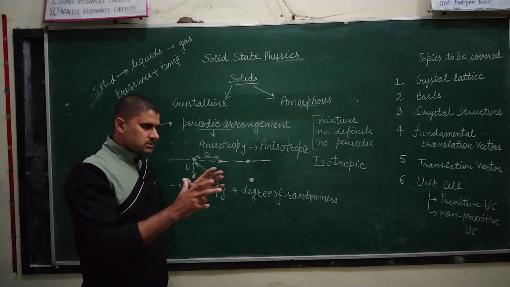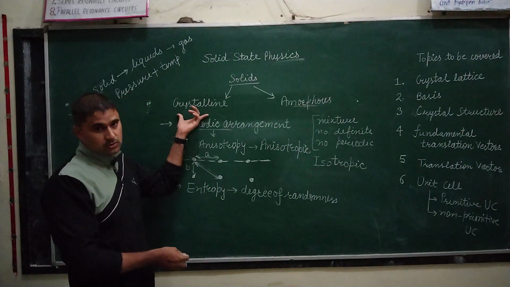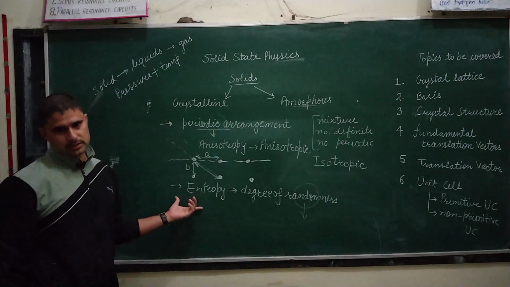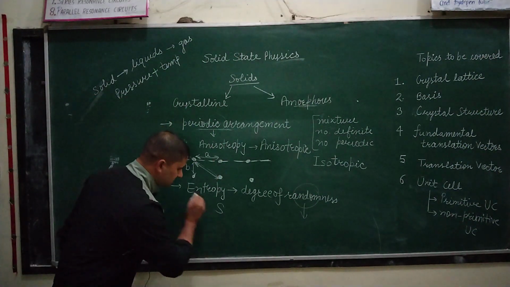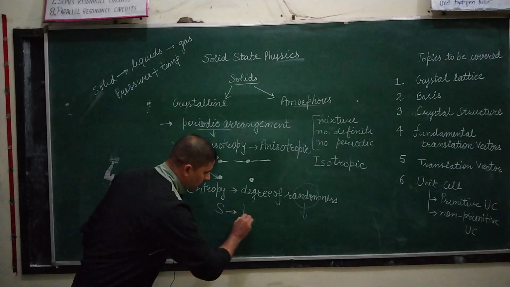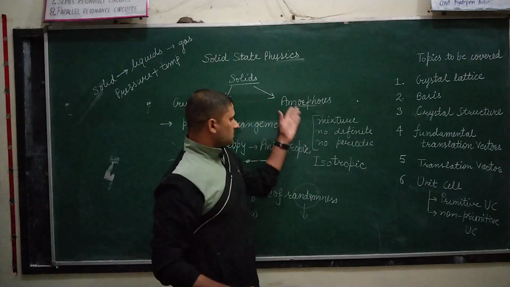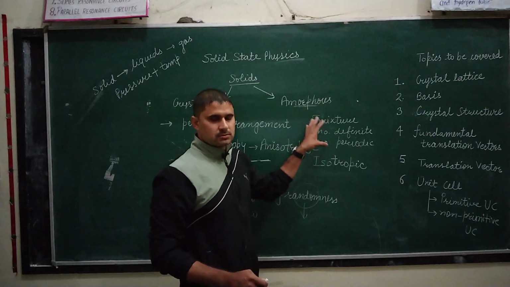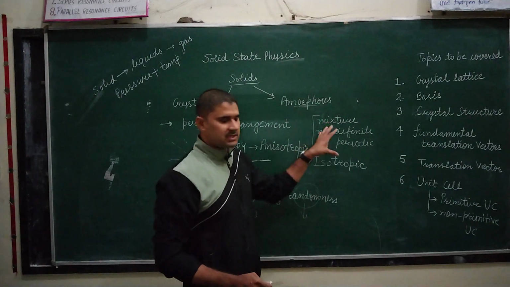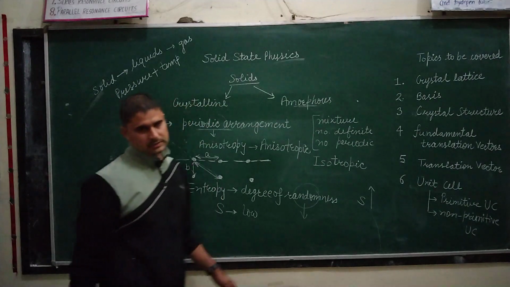Particles are arranged in a definite and high order in case of crystalline solids. So randomness is less in case of crystalline solids. So here entropy, represented by S, is low. And here the particles have complete choice, complete randomness, no definite order. Randomness is high. So here the entropy is high. Simply you can understand it.